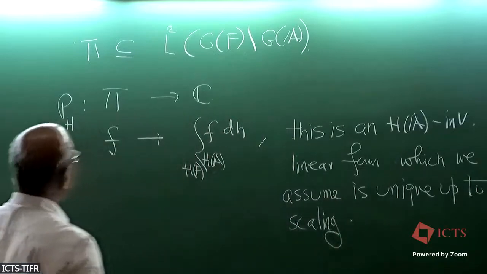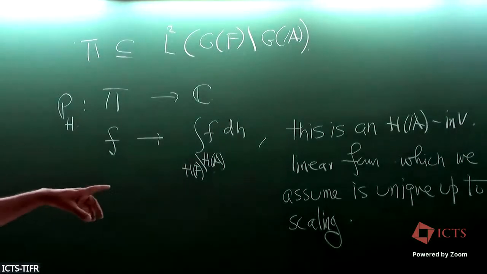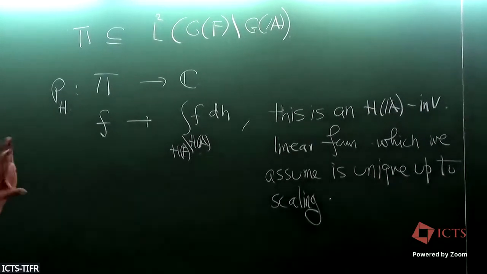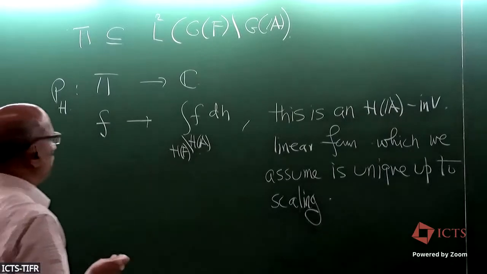I said that because this is an HA invariant linear form, if this has to be non-zero, then locally there should be an HV invariant linear form.